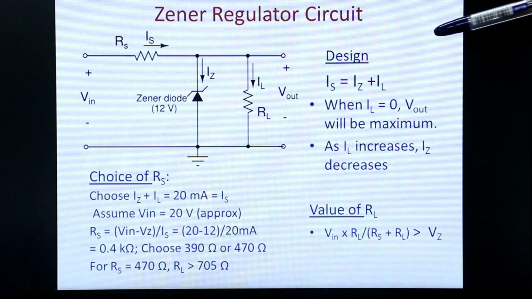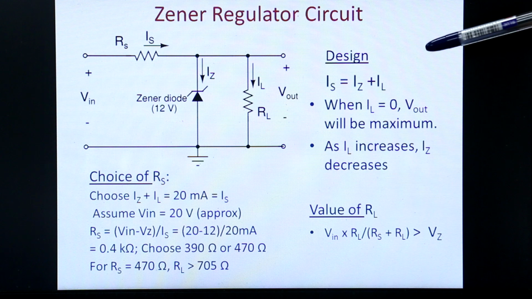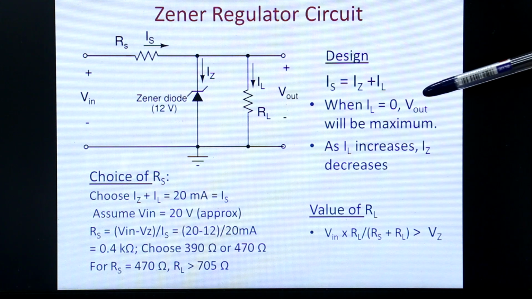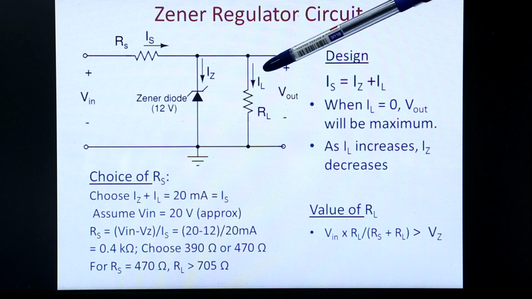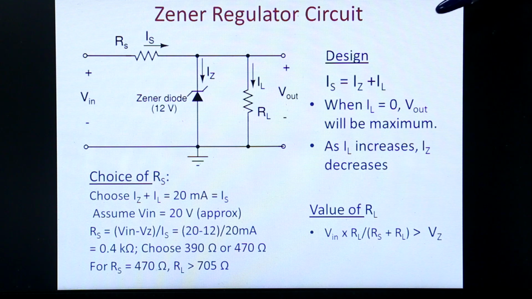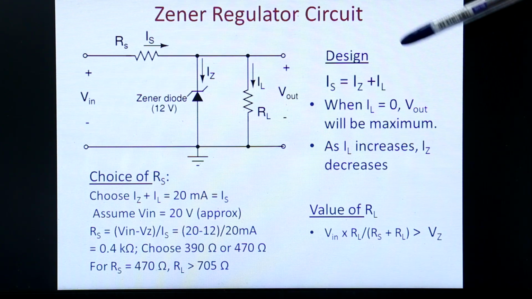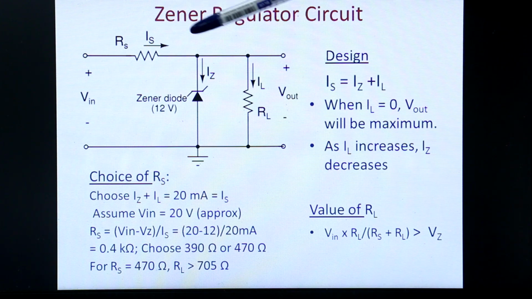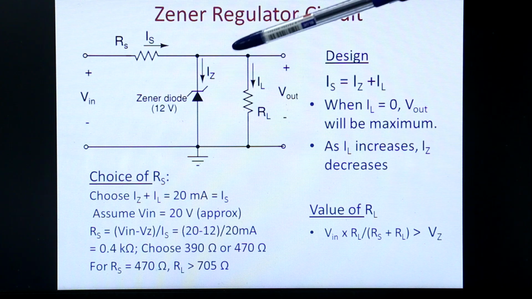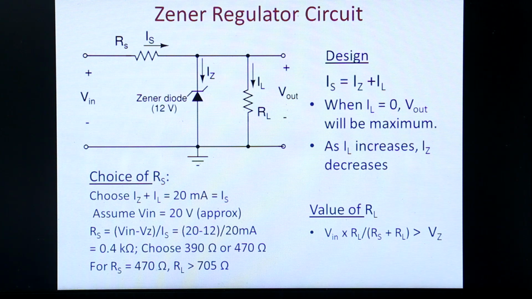Let's take one very specific case which is very important for the regulator circuit. Assume that you remove RL, or your output is open circuit, in which case IL is 0. In that case, IS would be the same as IZ. And we know that the Zener diode can be modeled as the nominal Zener voltage and a series resistance.